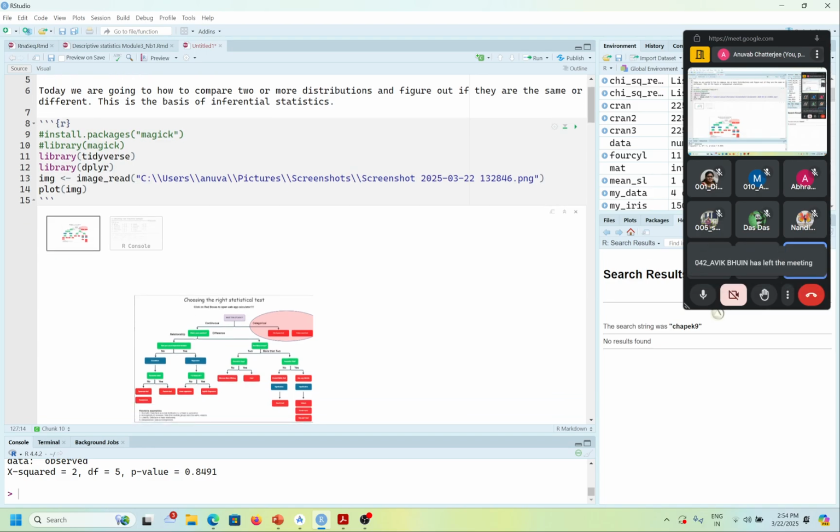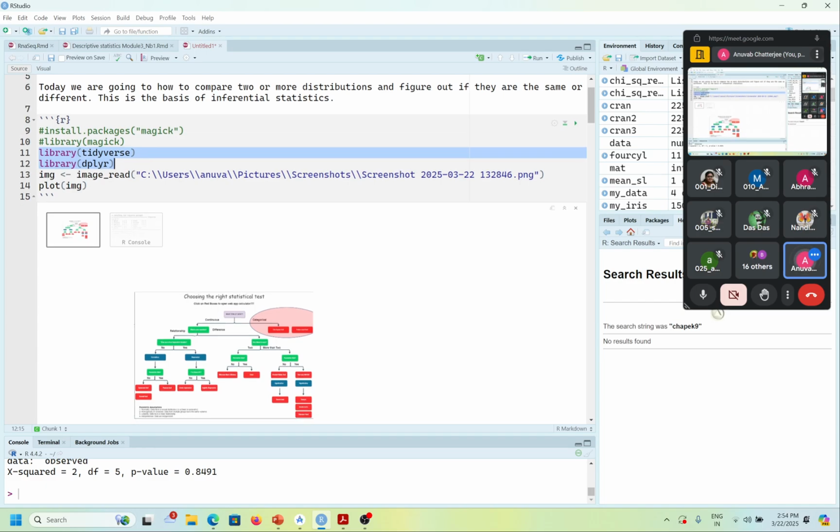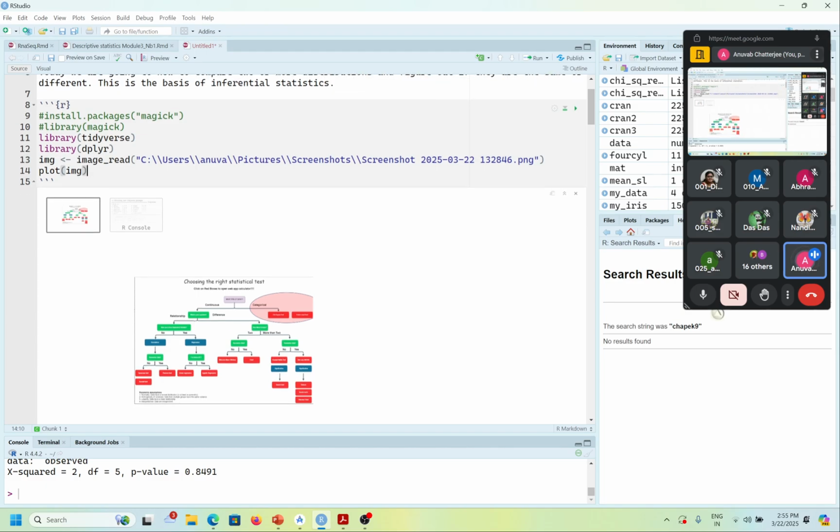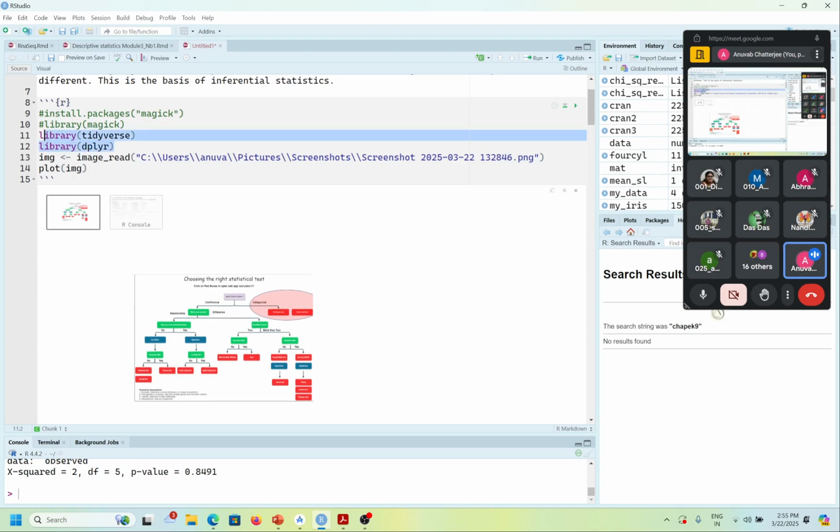The first thing you should do is run the libraries tidyverse and dplyr. Everyone please go do that. You don't have to write this. This is just the image that I just showed you. It is embedded in the R notebook. You will get it when I share it with you. Just these two should work for now.